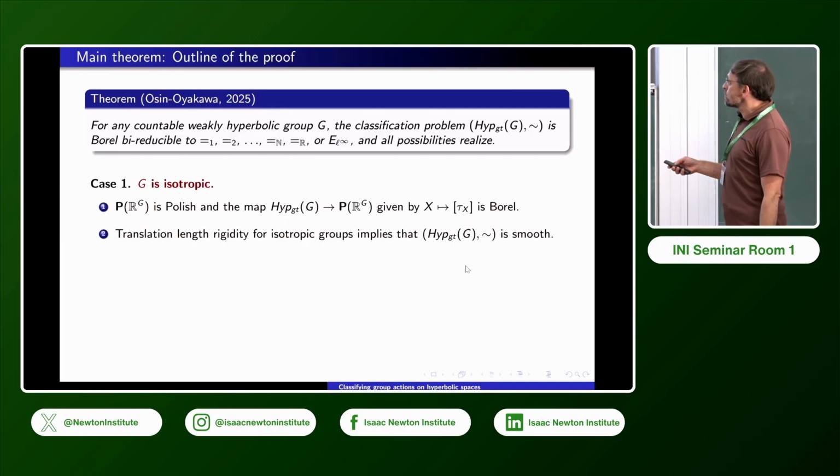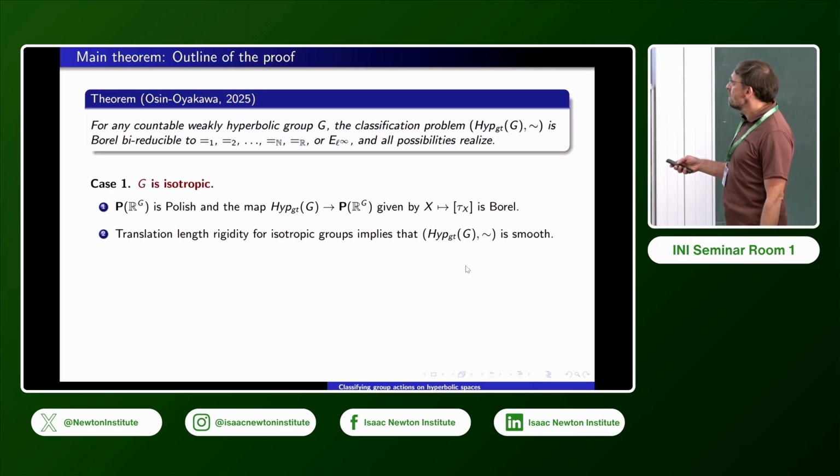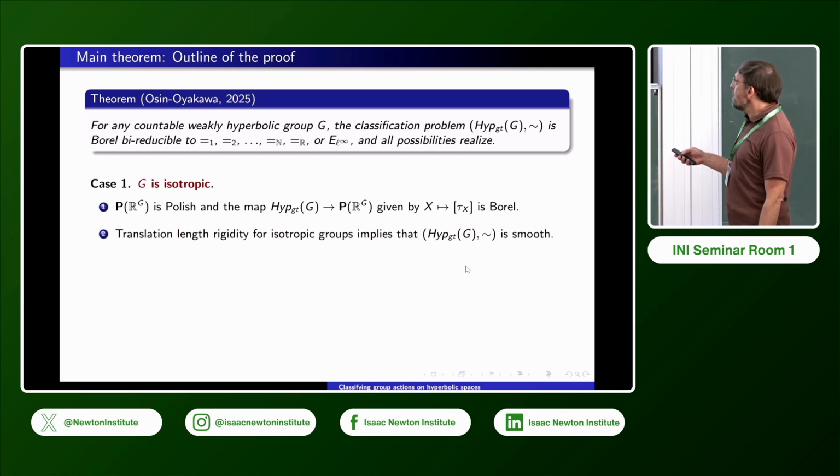So if G is an isotropic group, then it's not difficult to show that this projective space of invariance is Polish, and the map from this hyperbolic generating sets of general type to this projective space that assigns to every generating set the corresponding translation function on G is Borel.